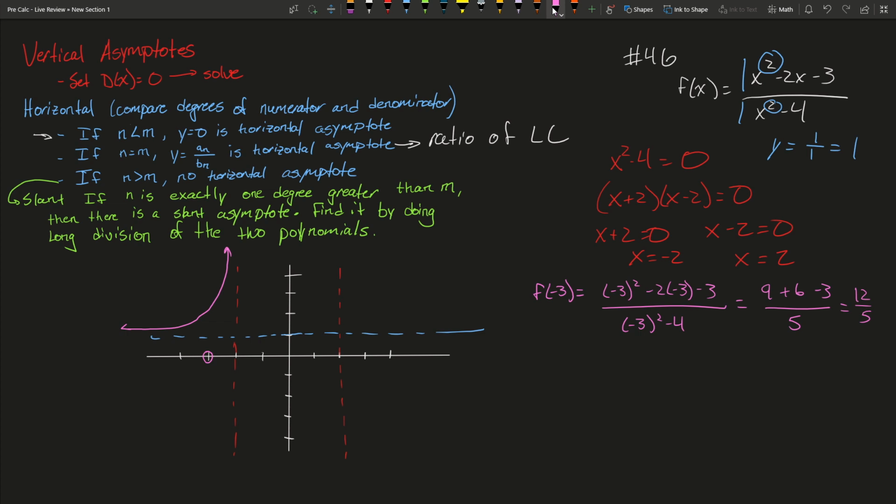Then we're going to plug in a couple values in between. So let's plug in -1 and +1.